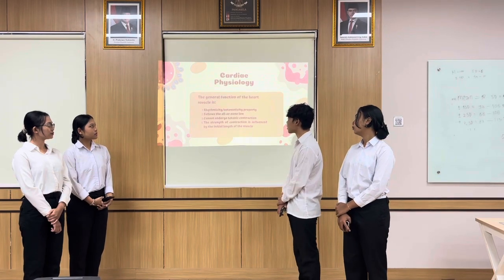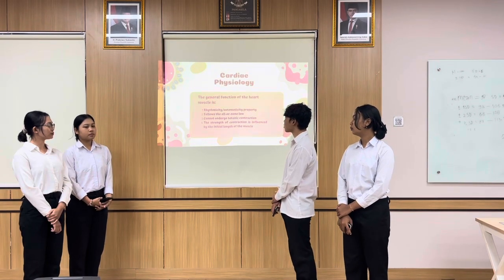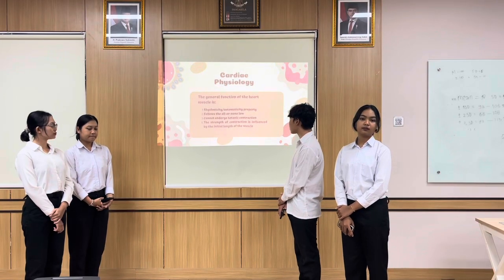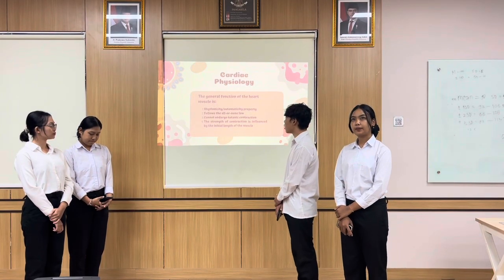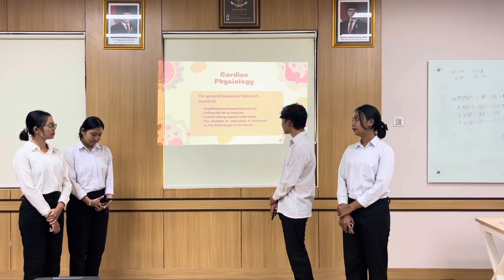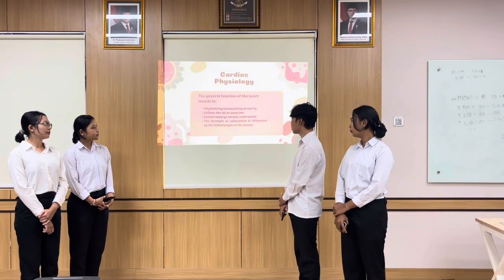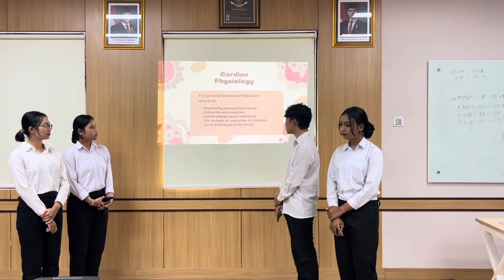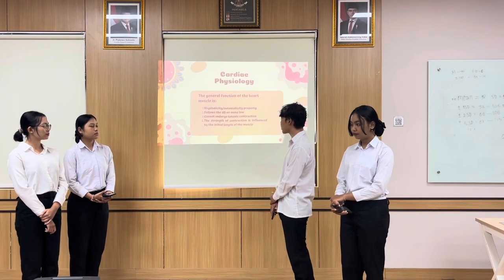The first is excitability or automaticity, the second is following the all-or-none law, the third is that it cannot undergo tetanic contraction. The fourth is that the strength of contraction is influenced by the initial length of the muscle.